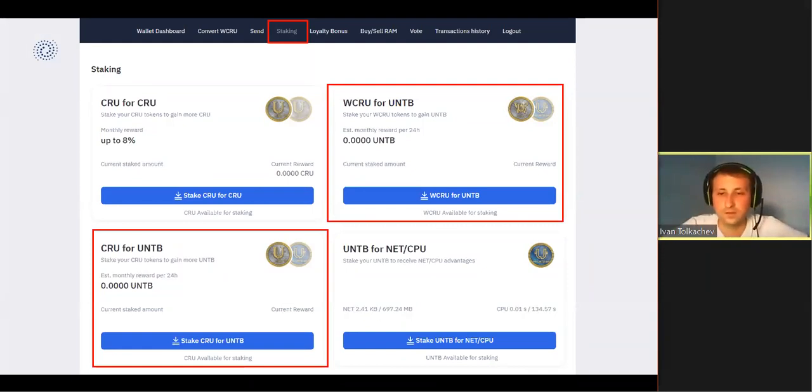So there are two types of staking available. Staking of CRU for UNTB and staking of unfrozen CRU for UNTB. All these stakings will be described in the section of how to stake this or that token in our forthcoming sessions.